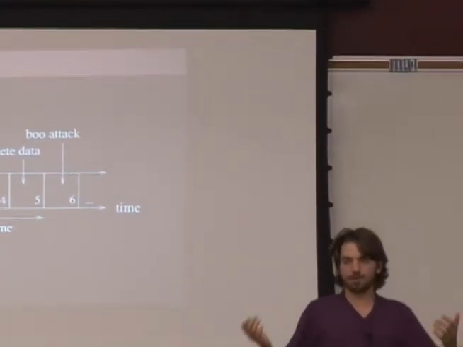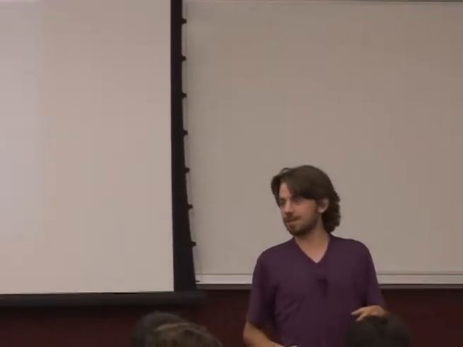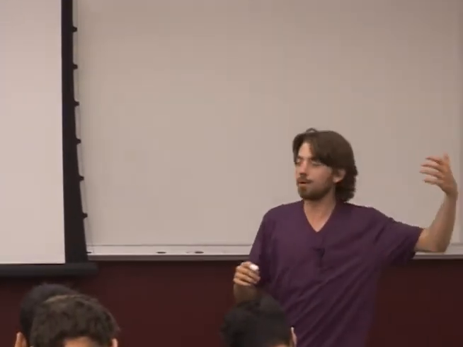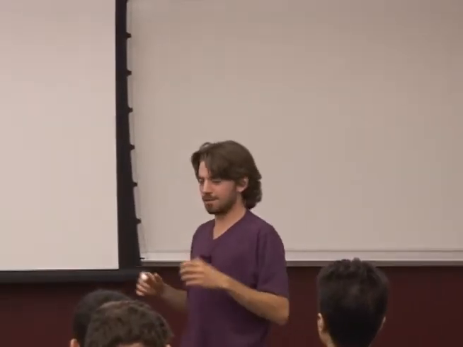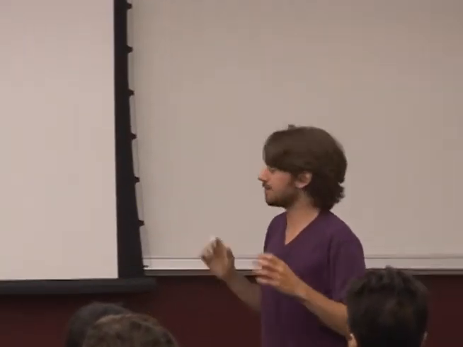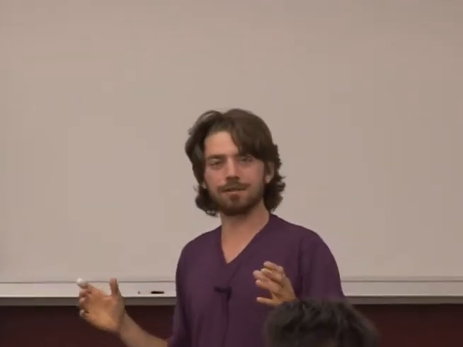And of course, it would be a very nice security goal if you could say: if a peek attack occurs before the data's lifetime and a boo attack occurs after the data's lifetime, or in any other combination of these, as long as they're outside the set of purging epochs consisting of the data's lifetime, then the adversary would not be able to uncover the data.